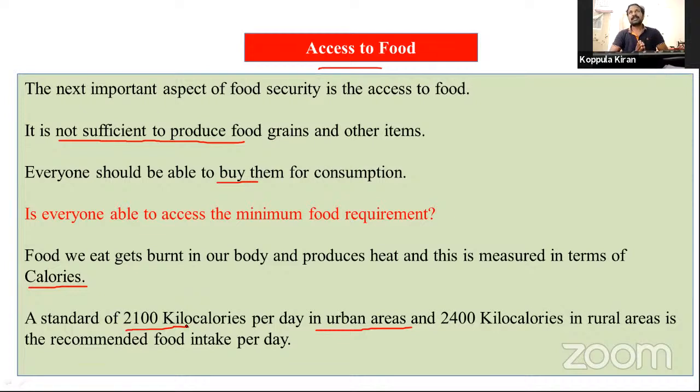Everybody should take nutritional food. How many kilocalories should we take in urban areas? 2,100 kilocalories per day. At the same time, 2,400 kilocalories in rural areas. We should take this, otherwise we can't do physical work, mainly in village areas.